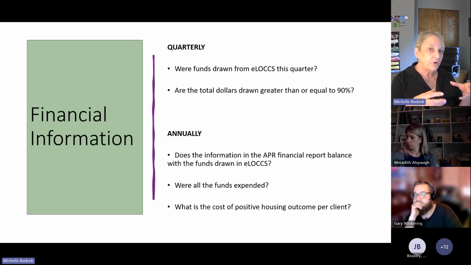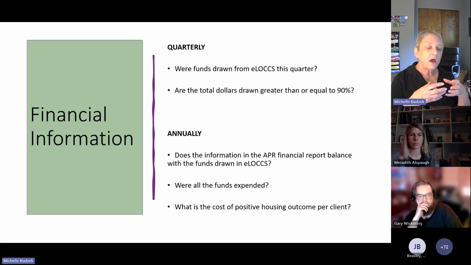That's a really important concept for YHDP to get, because the spending is very slow in your program. And so the more you can do to actually utilize the funds that you're given and to draw them so that you show how they're being utilized, the better it is for everybody. So again, draw your funds quarterly.